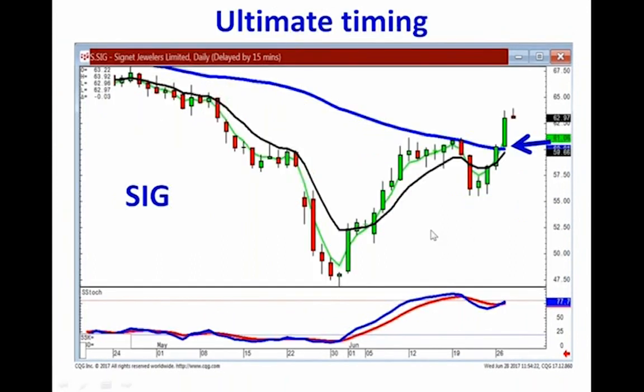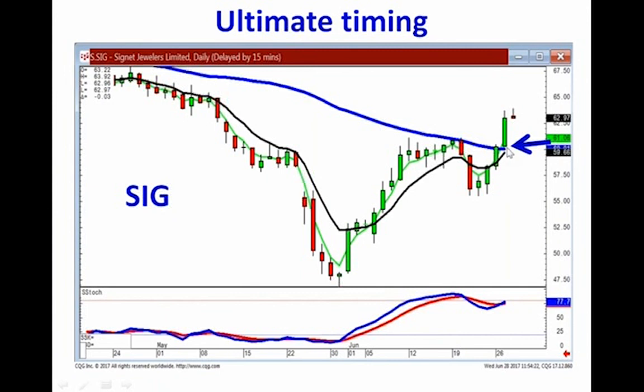SIG was a recommendation yesterday. Once again, we're looking at a situation. There's our bobble, a failure at the 50. When it pulls back, there's our morning star signal, one of the 12 major signals.